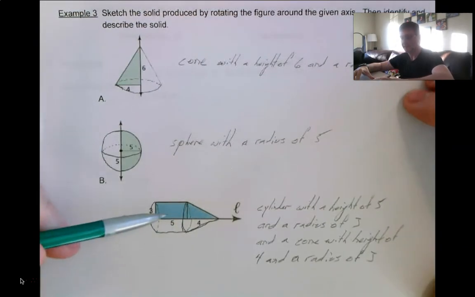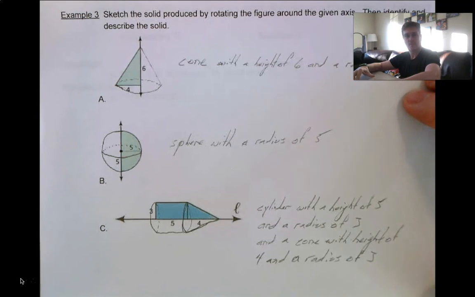Because the cone and the cylinder have the same radius. That's example 3.